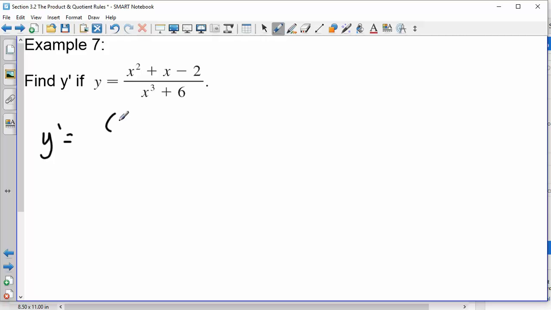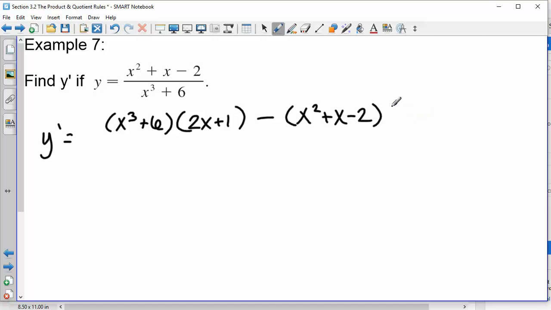So quotient rule is low, so that's the bottom, x cubed plus 6, d high, derivative of the top. What would that be? Minus high, so the top, d low, derivative of the bottom.